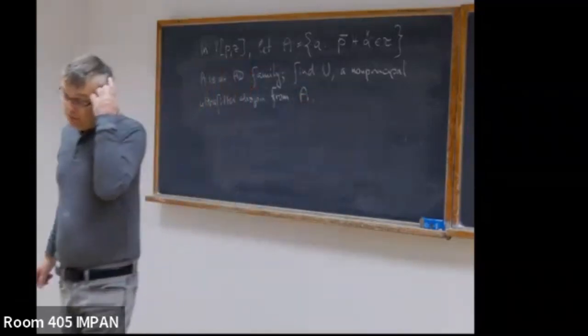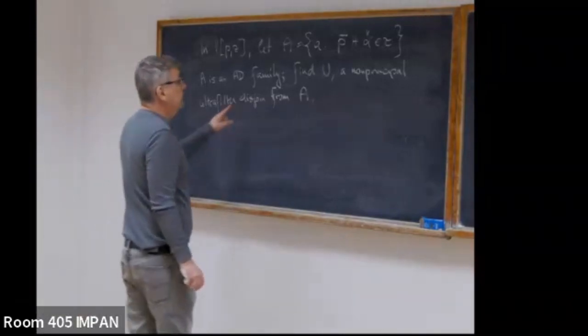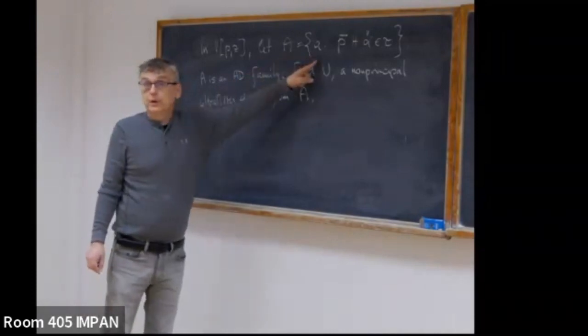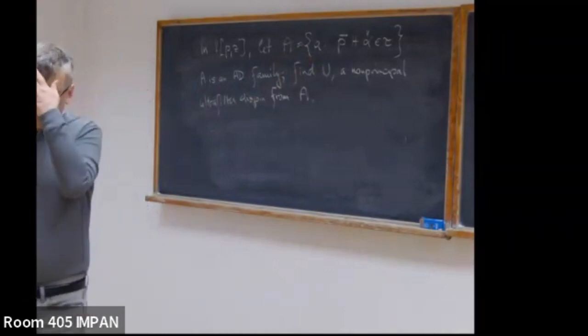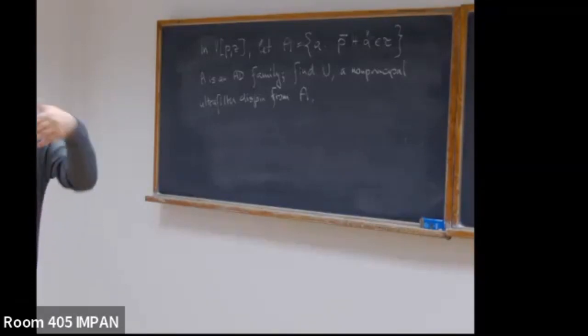Now what you can do, you can find in a generic extension a set which diagonalizes U, and that set has finite intersection with every element of A. So there will have to be an element in tau, in the maximal almost disjoint family, which is presumably forced, which intersects.